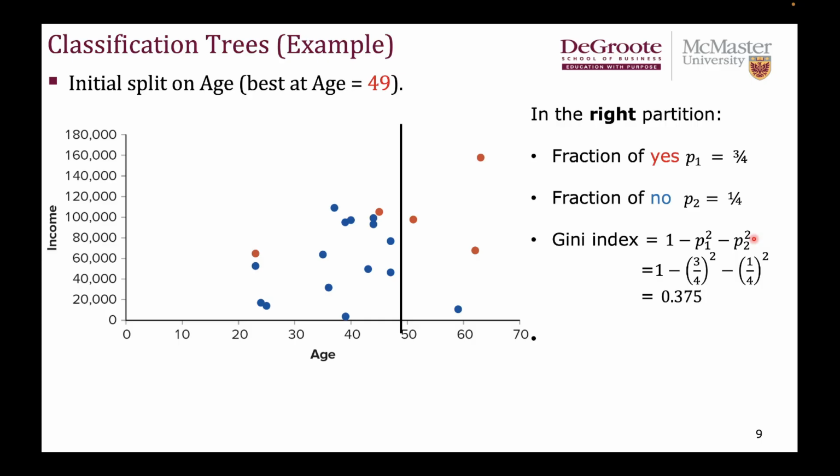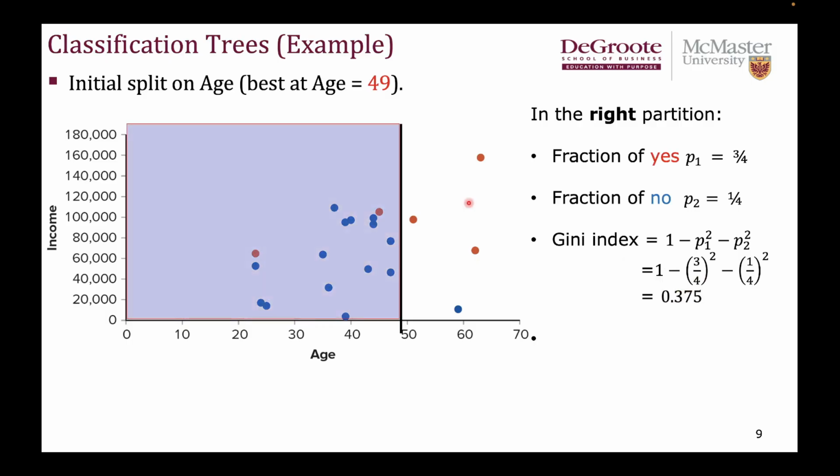So it's going to be 1 minus 3/4 squared, that's the fraction of yeses, and further subtracting 1/4 squared, where 1/4 is the fraction of no's. And this is the final number we get: 0.375 is the Gini index for the right partition, to the right of age threshold 49 years old.